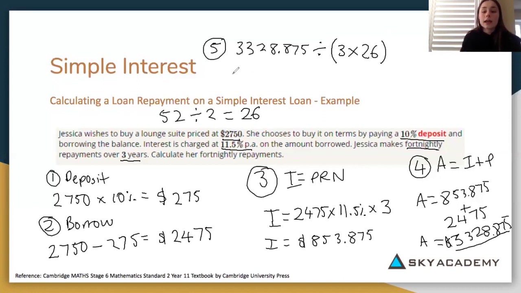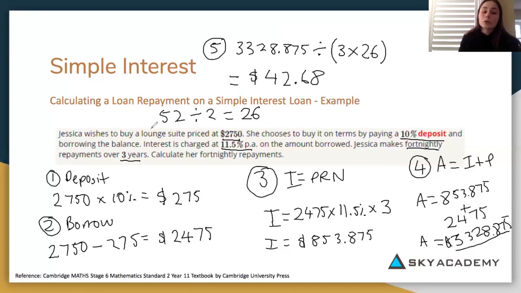And when you divide that, you should get the answer of $42.68. And that's going to be her fortnightly repayment. So every 2 weeks, she's going to pay $42.68 back to the lounge company, and she's going to do this for 3 years to pay off her lounge.